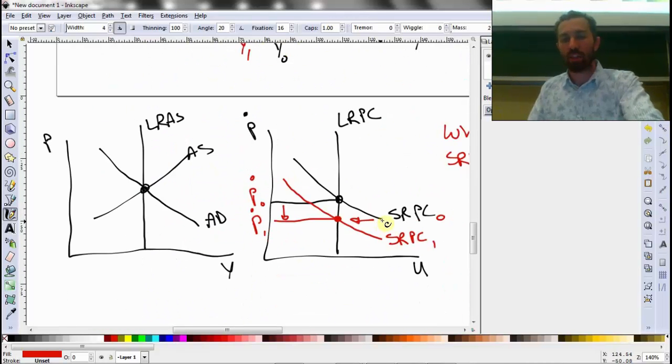Okay? Now what I'm saying is right. If we have a shift in the short run Phillips curve to the left, why is that happening? What would be the case in the aggregate supply curve, in the ASAD model, that would generate something like this, that would shift a short run Phillips curve to the left?